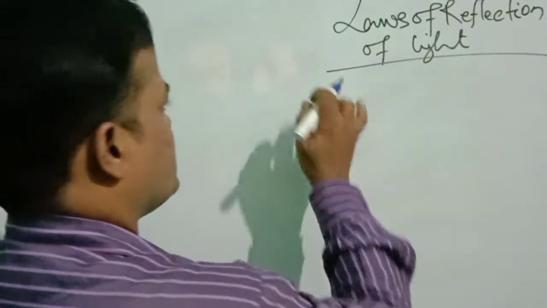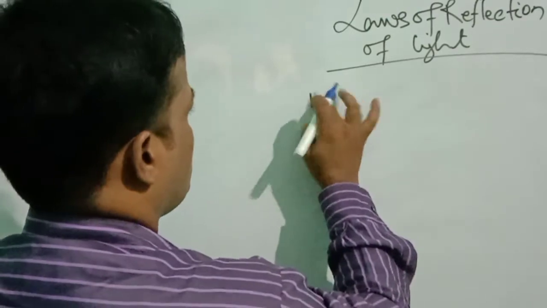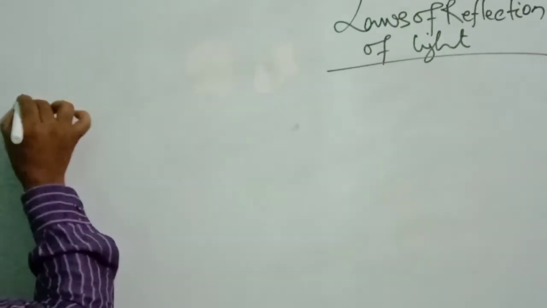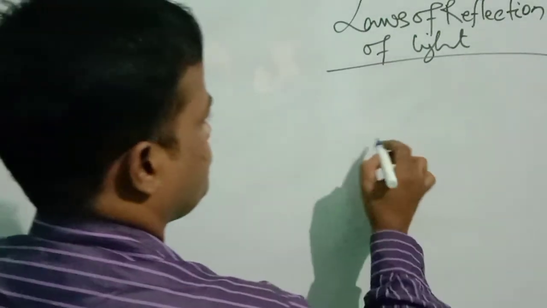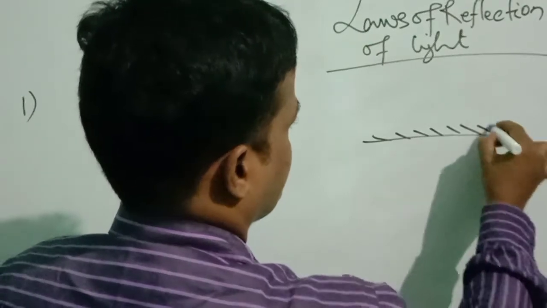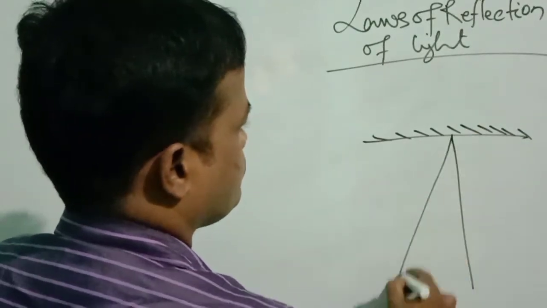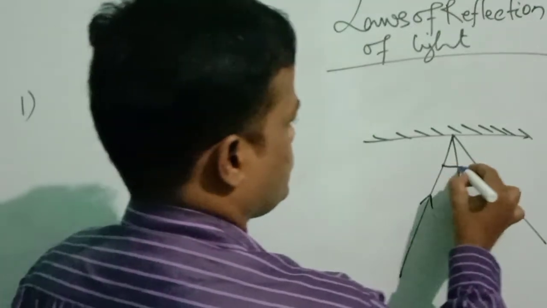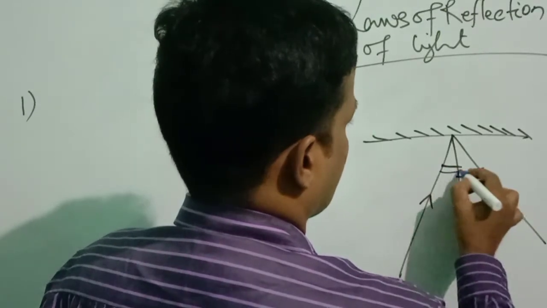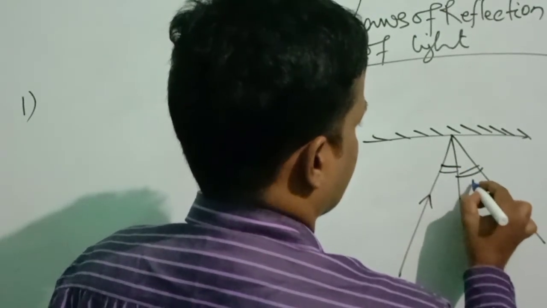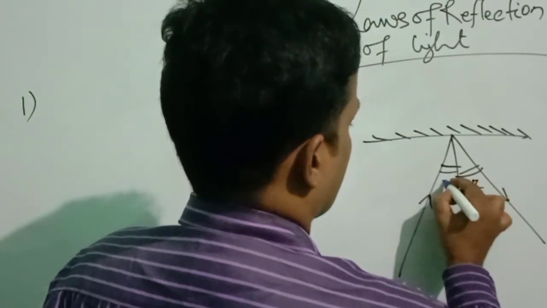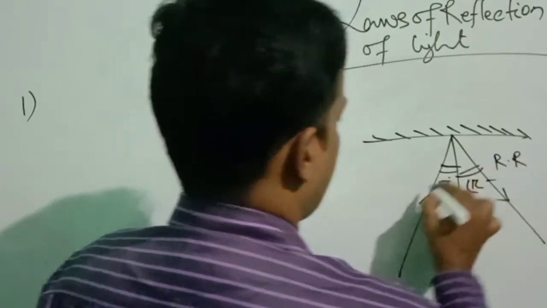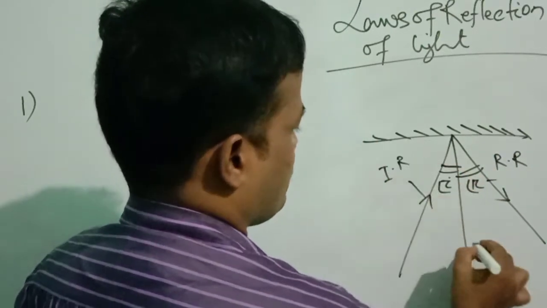There are two laws. Number one, this is the angle of reflection. This is the angle of incidence, the reflected ray, the incident ray, the normal.